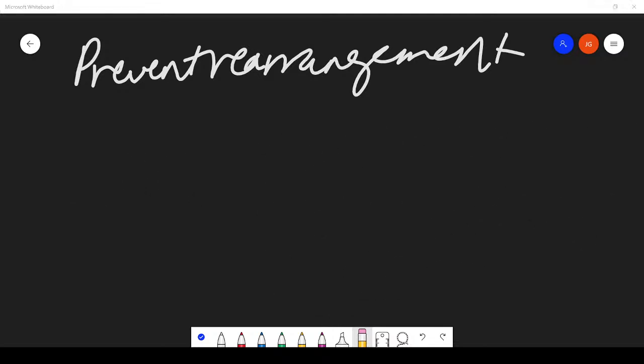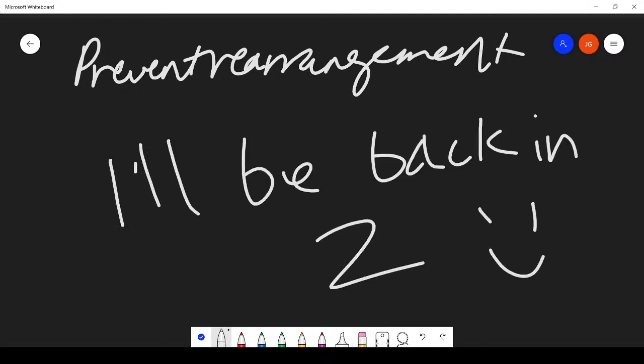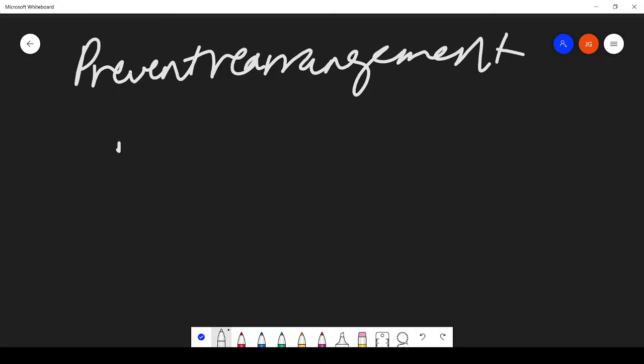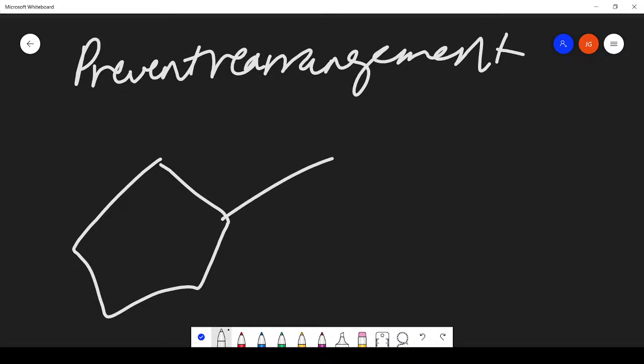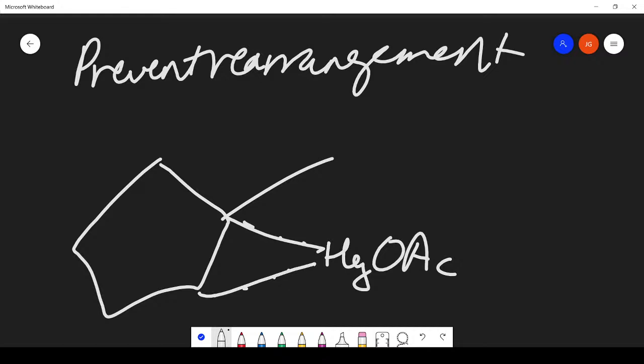But anyway, I said that that would get you the anti-Markovnikov product. It wouldn't. What it would do, though, is this big ring that forms here would lock these bonds in place.